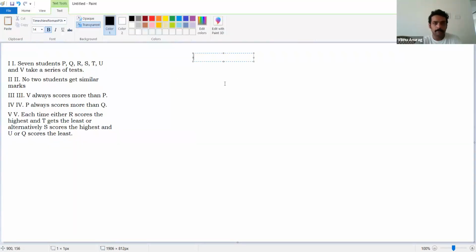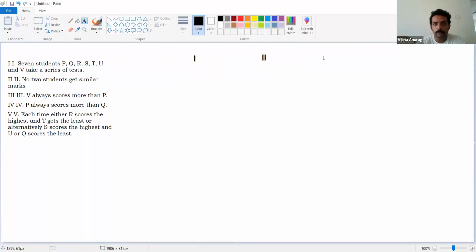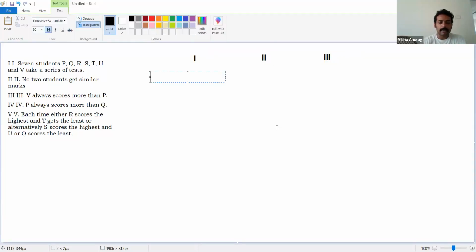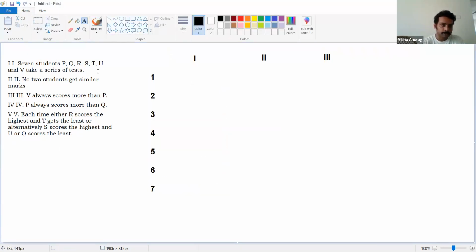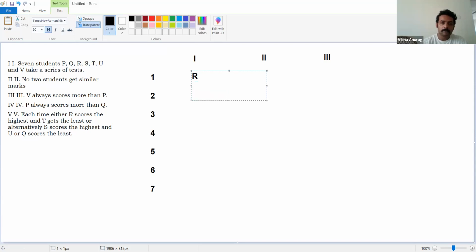So let's plot it. Scenario 1, scenario 2, scenario 3, and there are 7 people, right? So let me rank them. So there are 3 possible scenarios. Either R will score the highest, so I'm going to put R here. And if R scores the highest, then T will score the least.